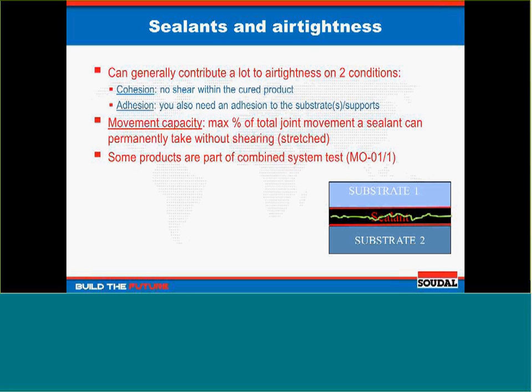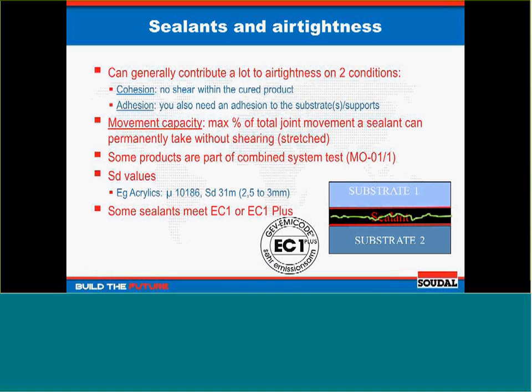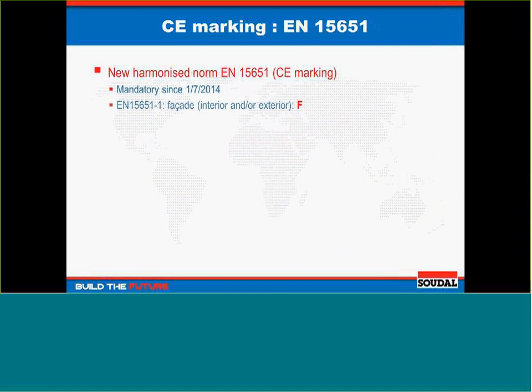Some sealants are parts of a combined system, and even SD values can be helpful if you want to make sure your product is airtight. But in general, most sealants are airtight, and of course, some of them are even low emission, which is a benefit in our story.